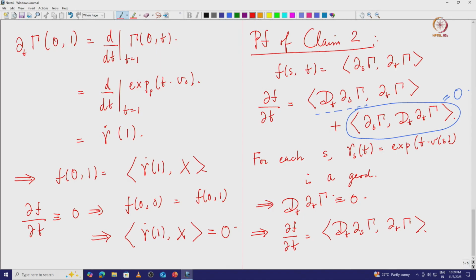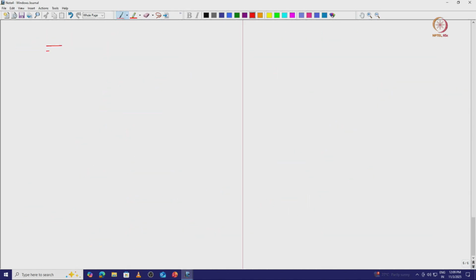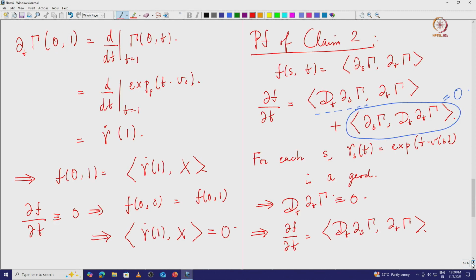Now by the symmetry lemma that we had proved, which was also used in the proof of the first variation formula, you can basically interchange these two.